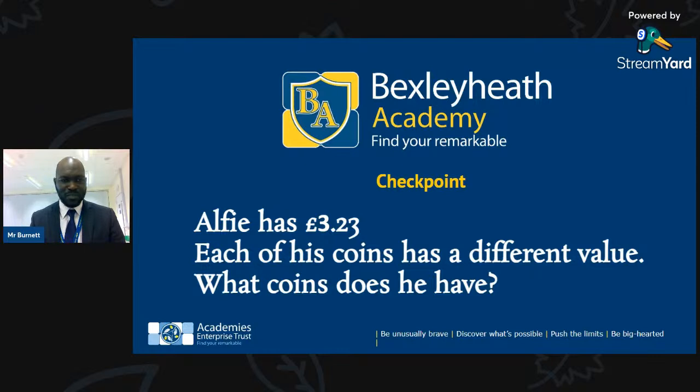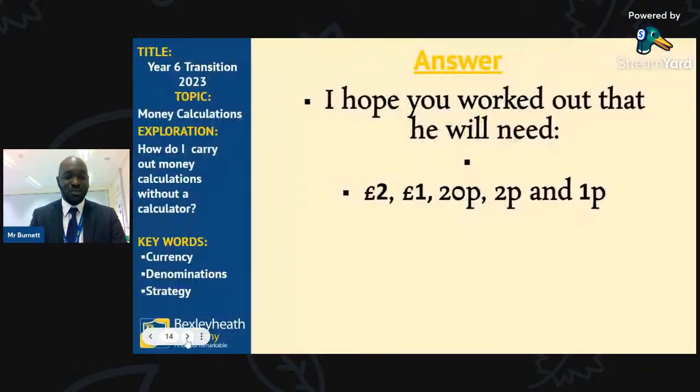All right, as we come down now, I'm learning here in the chat that there are a few of us who tend to give our answers in a rush. But I'm just going to remind you that the aim is to get the answers accurate also. So I hope you have worked this out. He would need a £2 and a £1 to make £3.